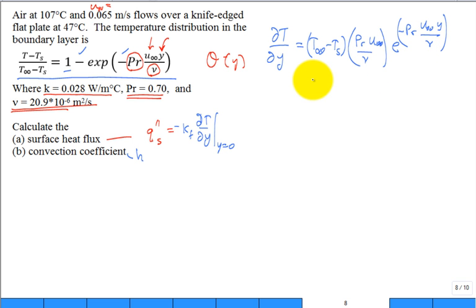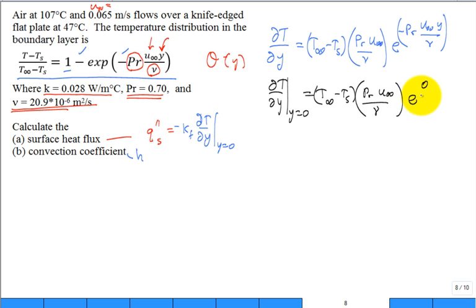And once I do the derivative okay, then I say evaluate that at what location? y equal to 0. So I'll pick up T infinity minus Ts, the Prandtl number times u infinity divided by nu. e to the 0 is 1.